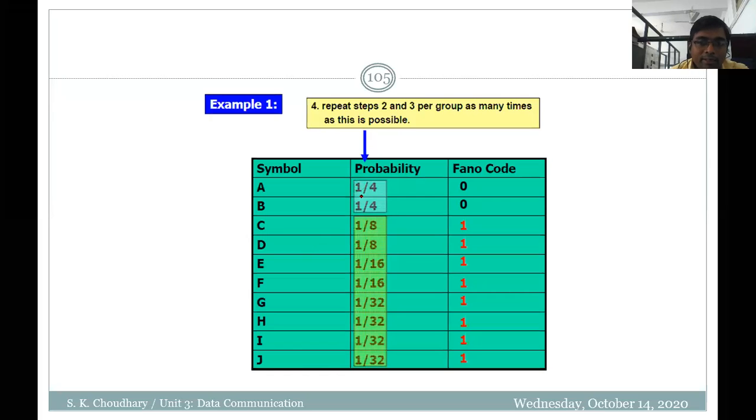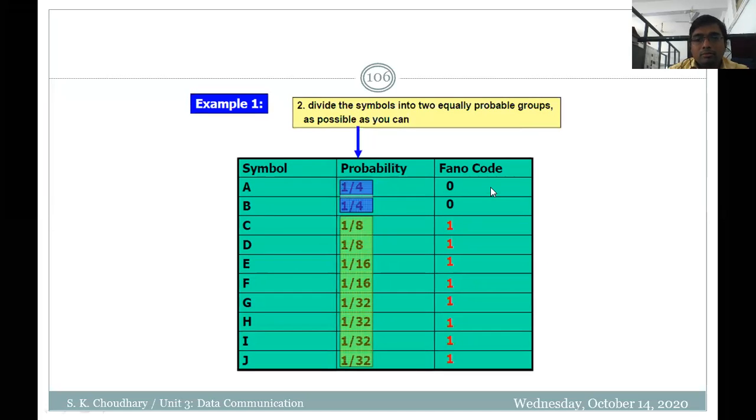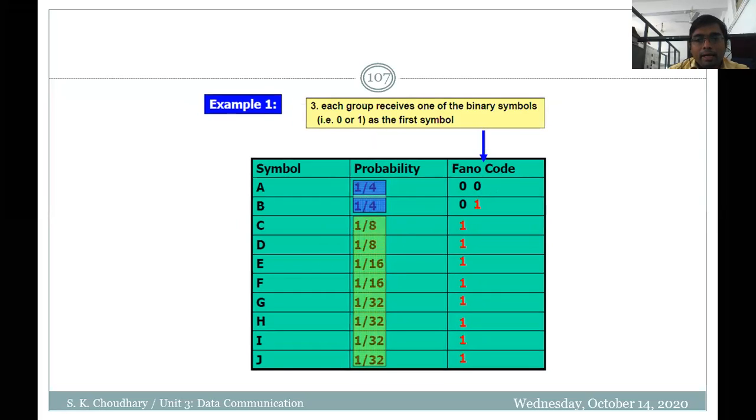Now we do the division on the first group, that is AB. Again we divide it into two equally probable messages, that is 1/4 upon 1/4. Then you write binary 0 above the division and binary 1 below. You can see here again binary 0 and binary 1 are written like this.